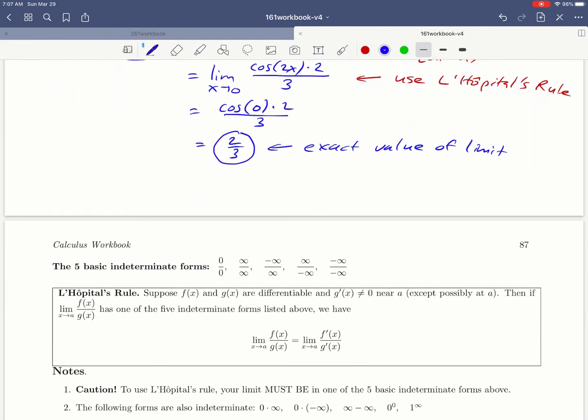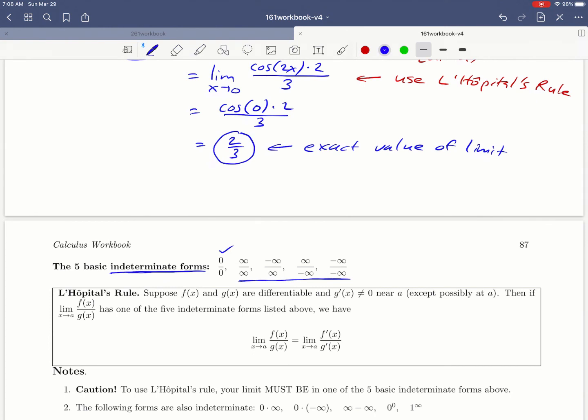Before we describe the rule, L'Hopital's rule is intended to help us with limits that are in what are known as an indeterminate form. 0 over 0 is the form that we just looked at together, but there are 4 others where L'Hopital's rule might help us. Various combinations of plus or minus infinity over plus or minus infinity. We can also use L'Hopital's rule in those situations.